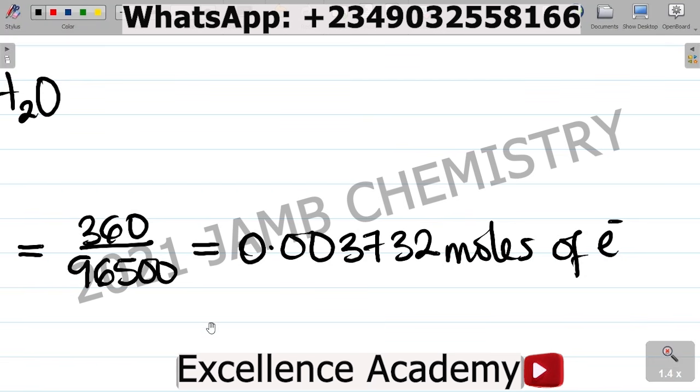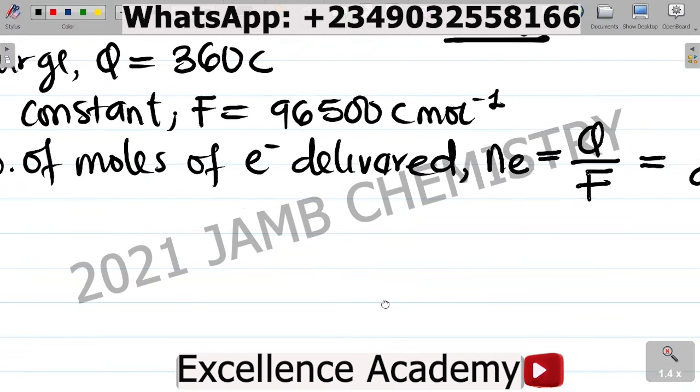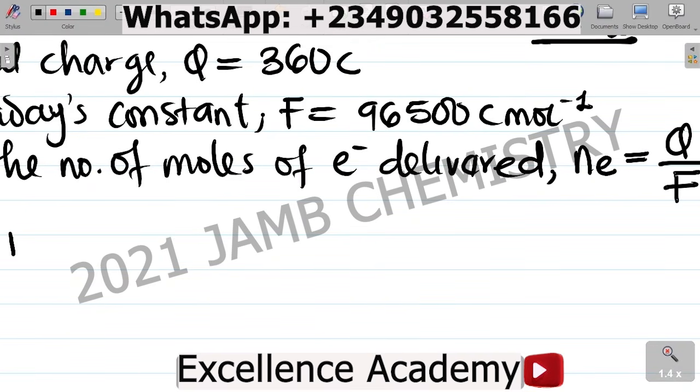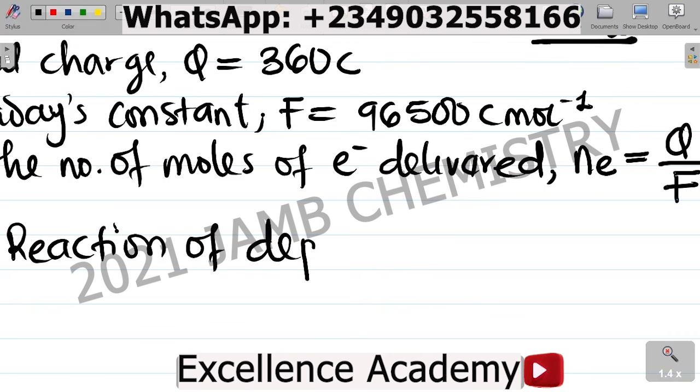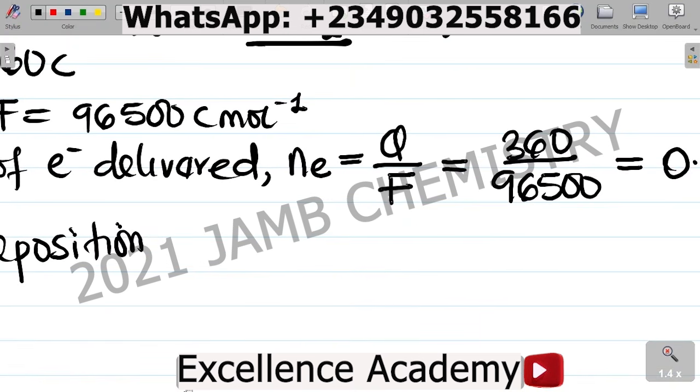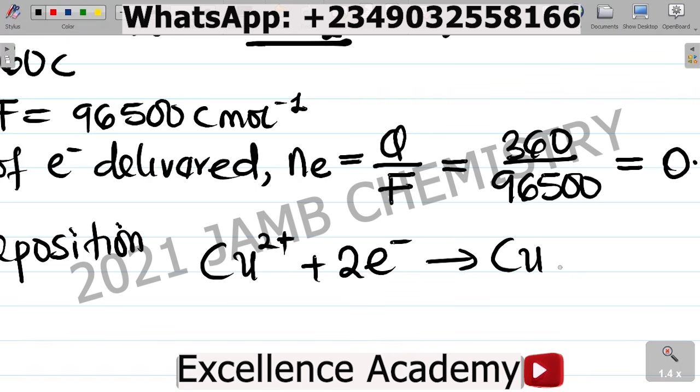Now after this, let's look at the reaction of deposition. All you have is the copper(II) ion, Cu2+, combining with 2 moles of electrons, and that will give you copper metal.